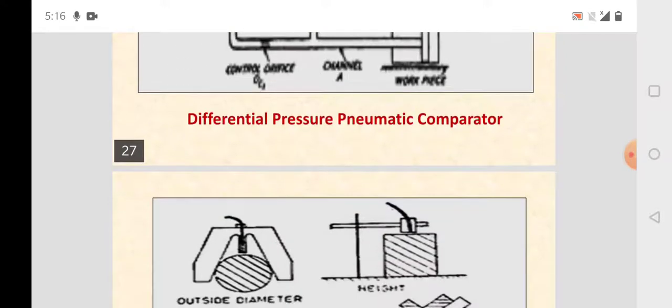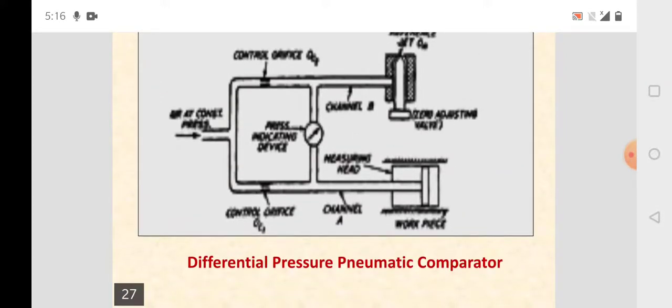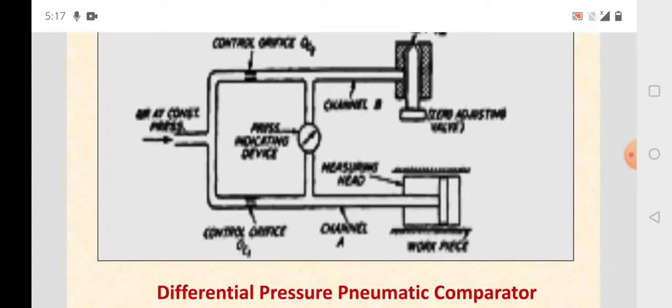Then this is the last one, the differential pressure pneumatic comparator. Here there are two sides, we can say. The control valve is there, through which air pressure is going to the gauging head. Through this it is adjusted. So this dial indicator, the indicating device, is adjusted to 0 first.